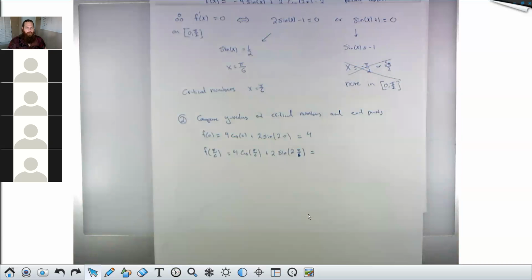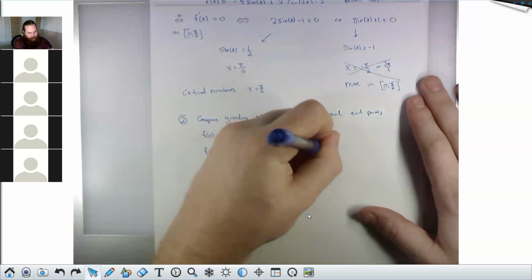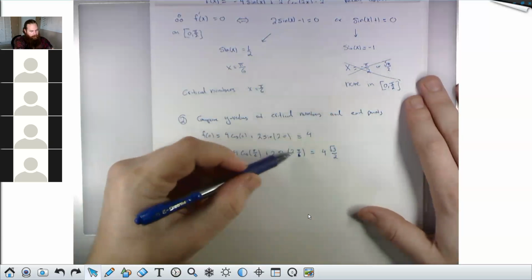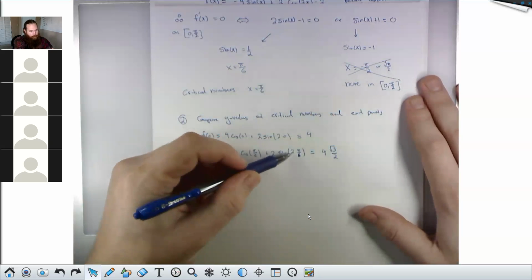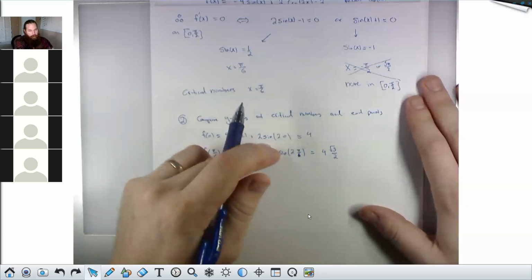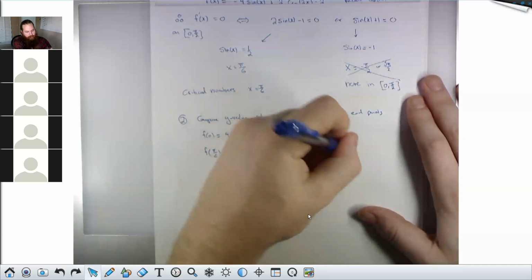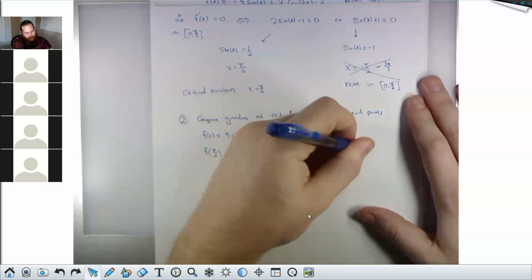The cosine of pi over 6 is root 3 over 2. And the sine of pi over 3 is also root 3 over 2. So this is 4 square roots of 3 over 2 plus 2 times the sine of 2 times pi over 6. So 2 times pi over 6 is pi over 3. The sine of pi over 3 is root 3 over 2. So this is plus 2 root 3 over 2.